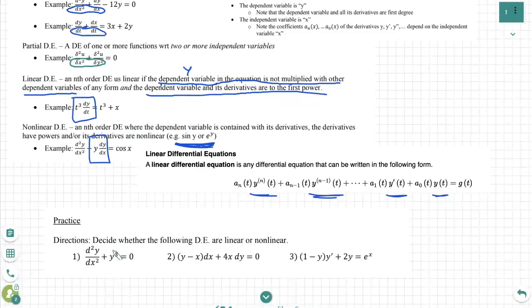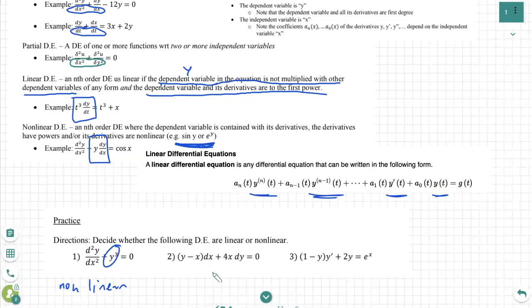So does that tell you if that is linear or nonlinear? Nonlinear, right. The dependent variable has to be the first power. Another way to think about it is that you can't apply a function to the y term. So you can't cube a y, you can't do anything else to the y term. So that causes it to be nonlinear.